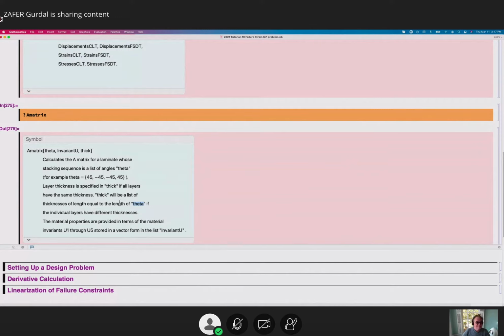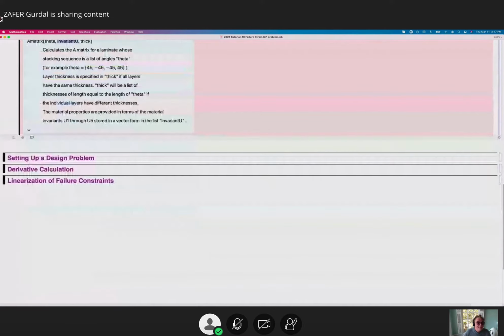All right, so with this new capability, you don't have the capability to make the invariant U different for each layer. So we're stuck with the same material layer for this A matrix. If you want to expand that, you will have to do it yourself.